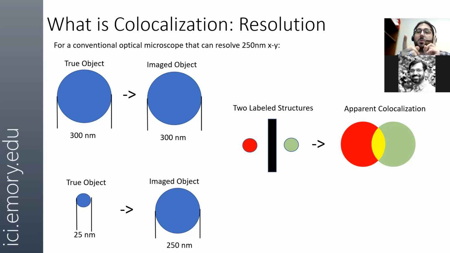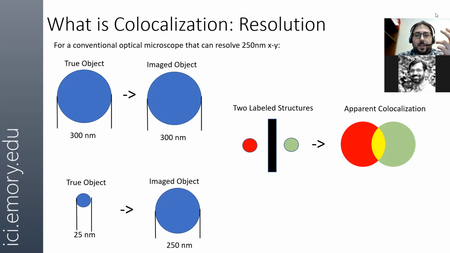And if we wanted to co-localize two signals, and the structures themselves are very small, we are less certain.